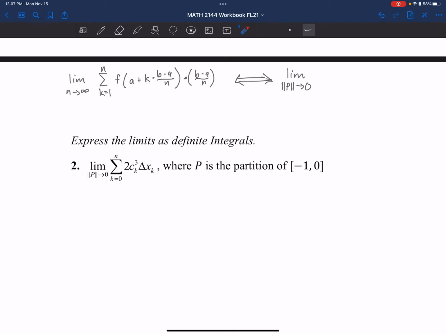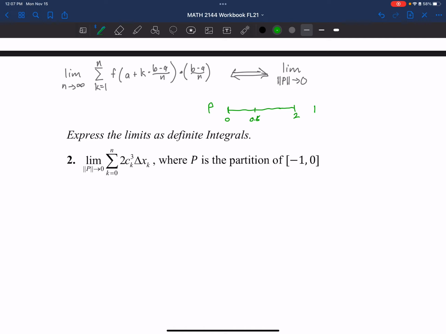So for reference, let's say we had a partition with points 0, then 0.8, and then let's say 2 over here. The norm of p in this case, does anyone think they know?